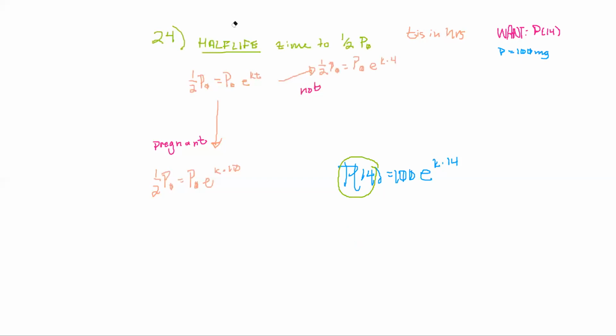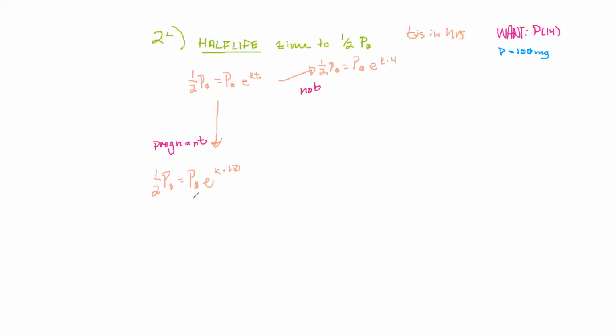So that means that we need to use this information to find k. Is k going to be the same for pregnant people and not pregnant people? No. So what we need to do is do this problem twice, one for pregnant people and one for not pregnant people, so that we can compare the end result.